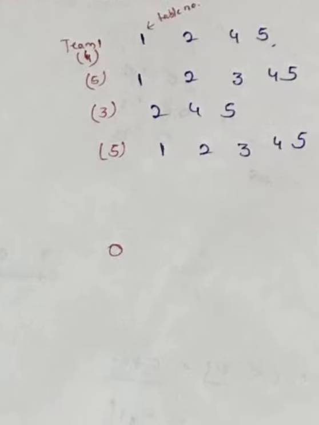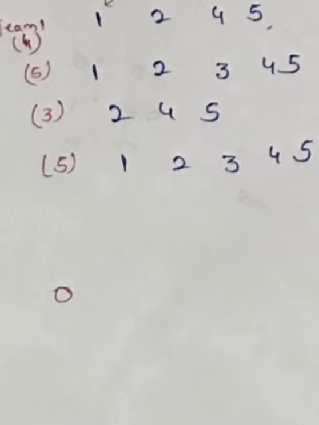Similarly, for team 2, there are 5 members, so the arrangement is 1, 2, 3, 4 and 5. The third team has 3 members, and therefore it will return the table numbers 2, 4 and 5. And the last team has 5 members, so the table numbers are 1, 2, 3, 4 and 5.